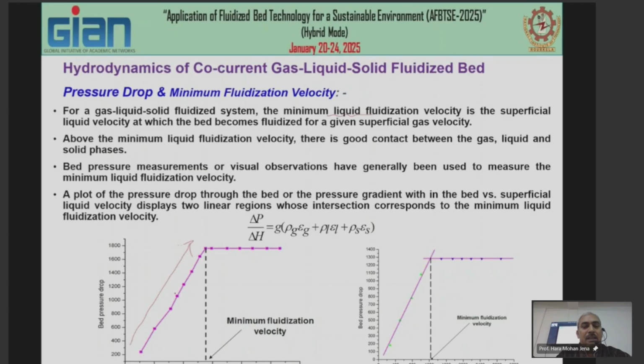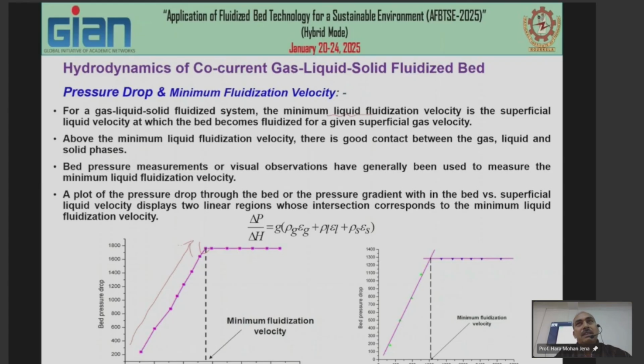In the experiment the velocities are varied in such a way that we get the exact point at the minimum fluidization velocity. After that the bed pressure drop remains almost constant, or in a gas-liquid-solid fluidized bed a little increase in the bed pressure drop will be there, it will not be constant, because of the volume fraction of the phases. As the volume fraction of the phases changes, that means phase hold-up will change.